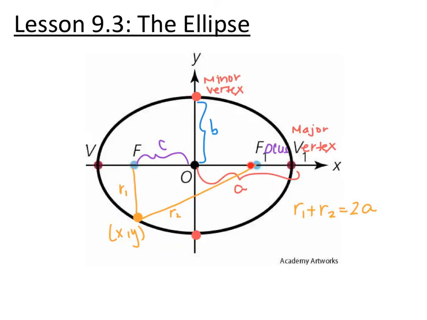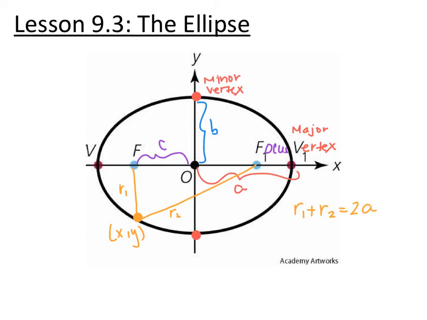You have a major axis, which sometimes is horizontal, sometimes is vertical, but it's the longest chord. The two major vertices, the two foci, and the center all lie on that major axis. The distance from the center to a major vertex, so half the length of the major axis, we call that distance A. This smaller chord, perpendicular to the major axis that goes through the center, is the minor axis.